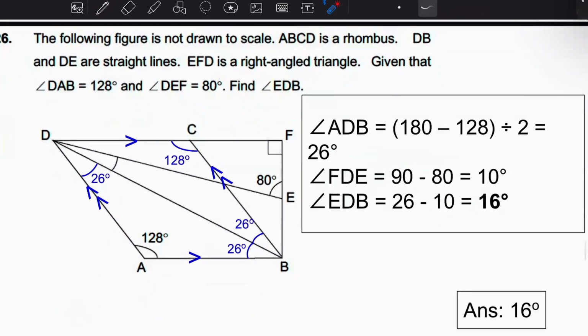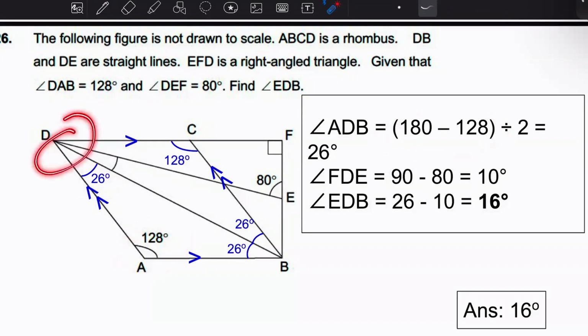So from the clues that we have received from the question, we can identify what is angle ADB over here. How can we do that? Firstly, 180 minus 128. Why do we do that? This is because you know that this angle plus this angle is equal to 180.